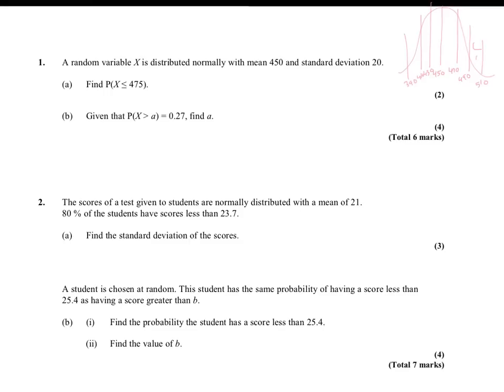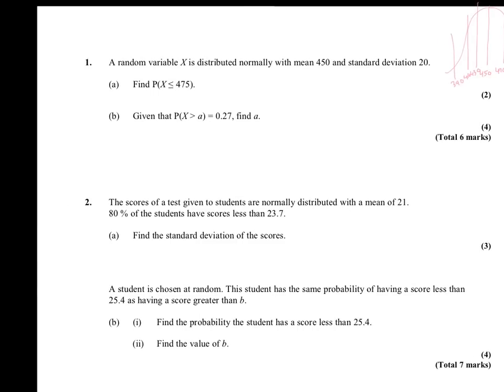Whenever you have a function that they're asking about the probability of something less than something or greater than something, bound only on kind of one side here, rather than x being between two numbers, you're going to have to use, because it asks for the lower bound and the upper bound. Well, if we say x is less than or equal to 475, 475 is our upper bound, but for our lower bound, we don't really want to have one.